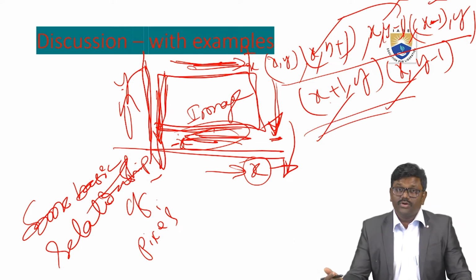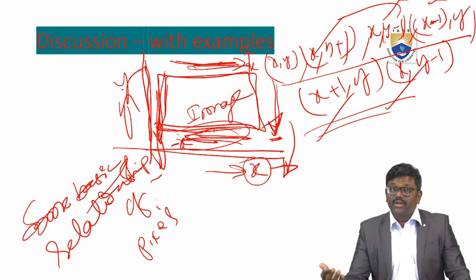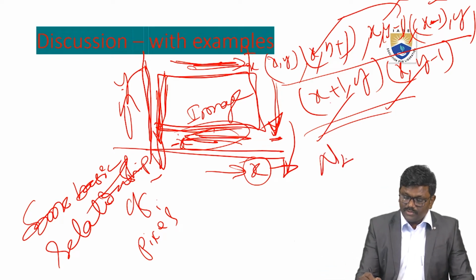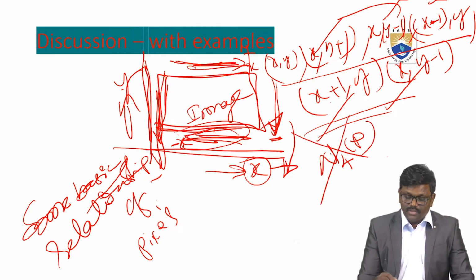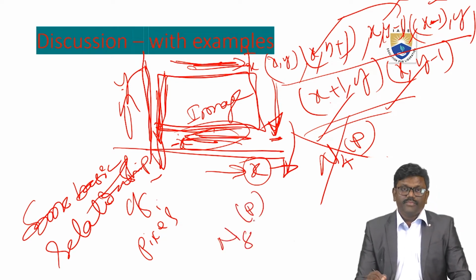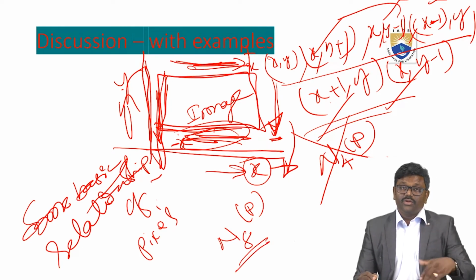If you want to define, instead of 4, the diagonal neighbors of the pixels to 8, this is called n suffix 4 of p. If instead of n suffix 4 of p you want to define n suffix 8 of p, there we are going to extend your coordinates, so the number of coordinates is going to vary here.